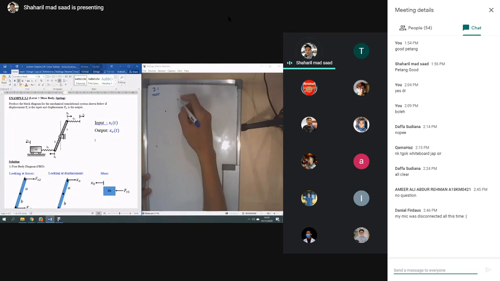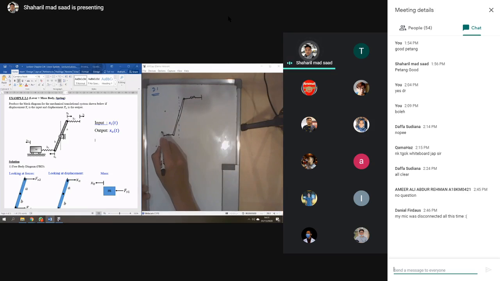So now you have some lever system here. For this one, you got a spring here. Then the other one, you also got a spring here.